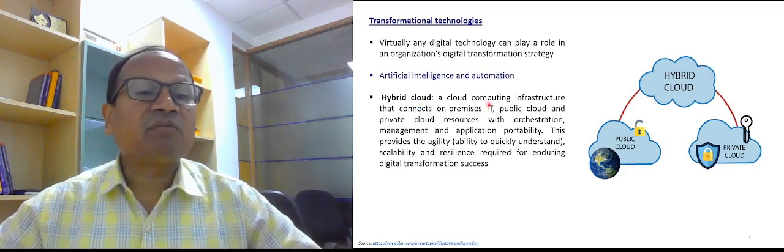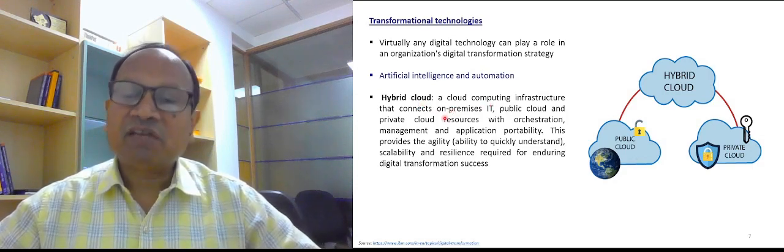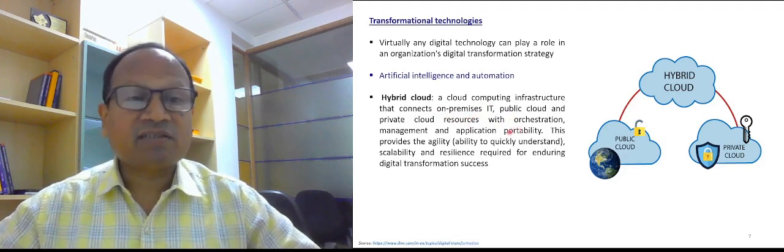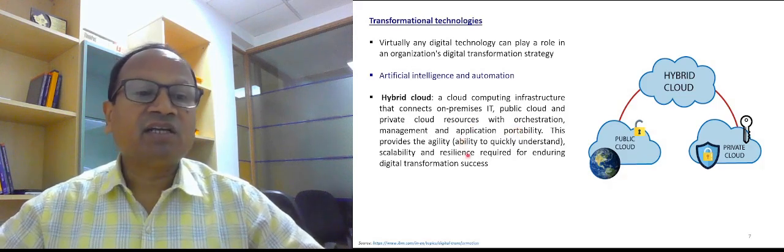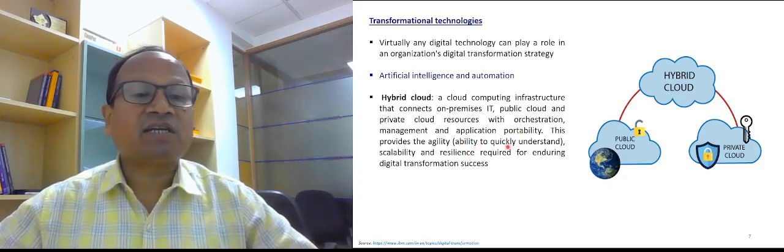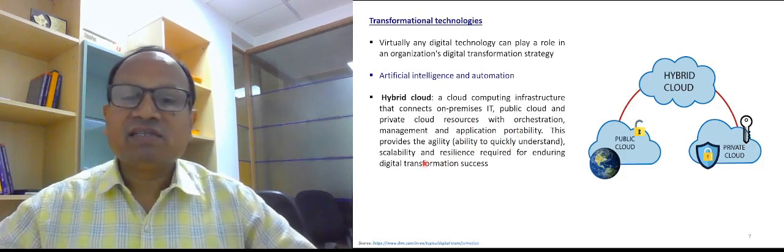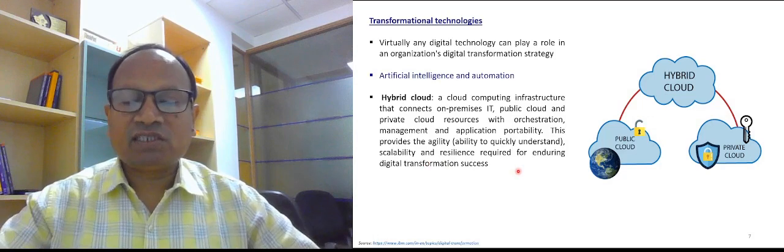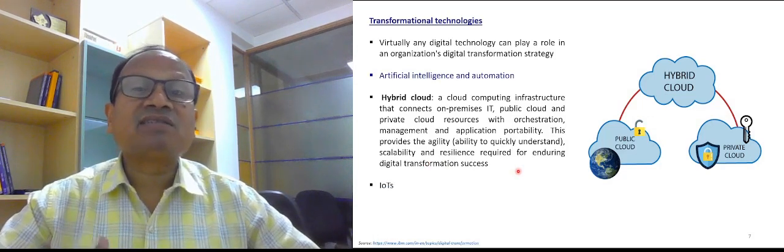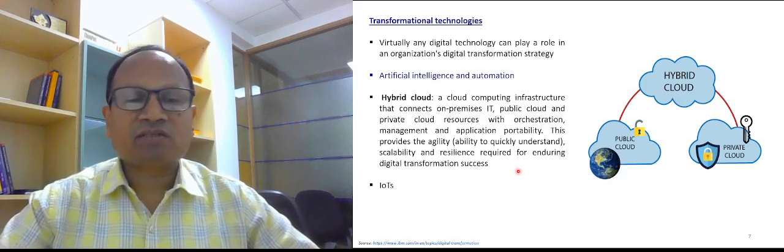This is a cloud computing infrastructure which can connect on-premises IT, public cloud, as well as private cloud resources with orchestration, management, and application portability. This provides agility, which is the ability to quickly scale. Scalability is a very important thing, and resilience is required for the enduring digital transformation process. Resilience is very important so that it can sustain against any odds.